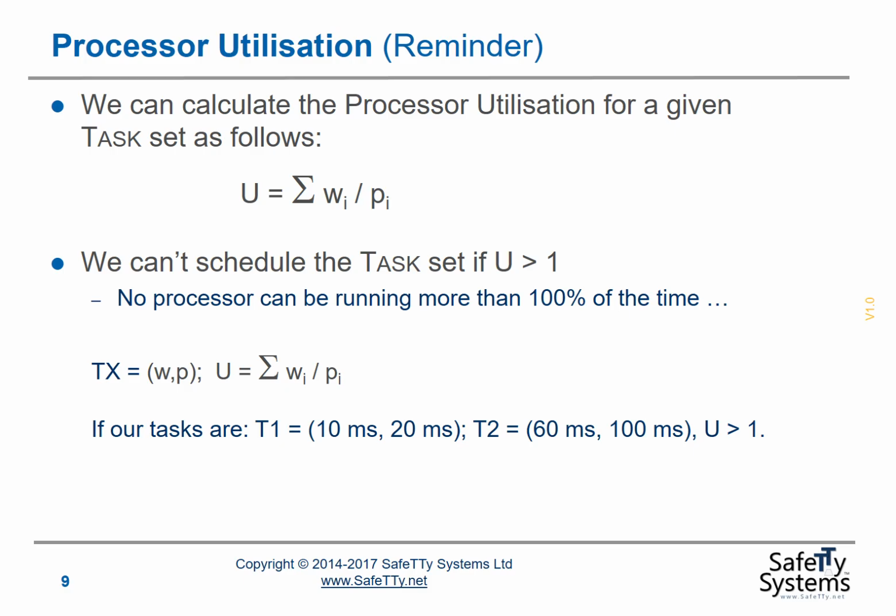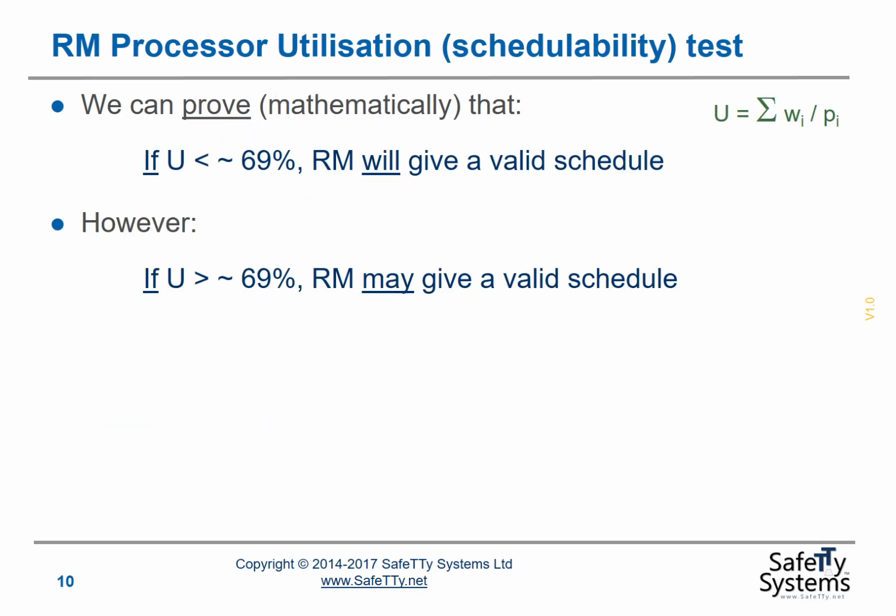Following those reminders, we can now look at the processor utilization test that can be applied when we're working with an RM schedule. This assumes that we're working with an RM schedule, a fully preemptive task set, and we have an RTOS or a similar framework that will support this.